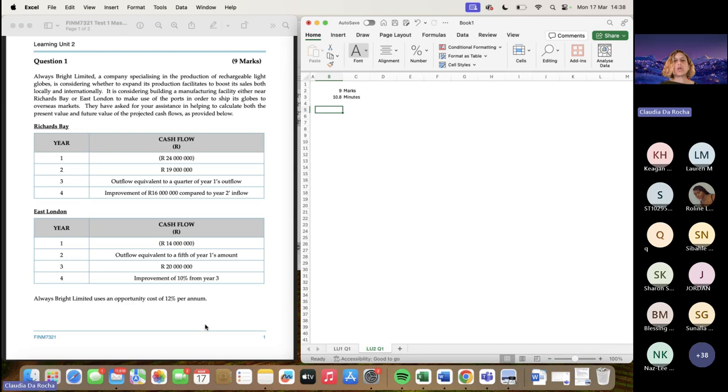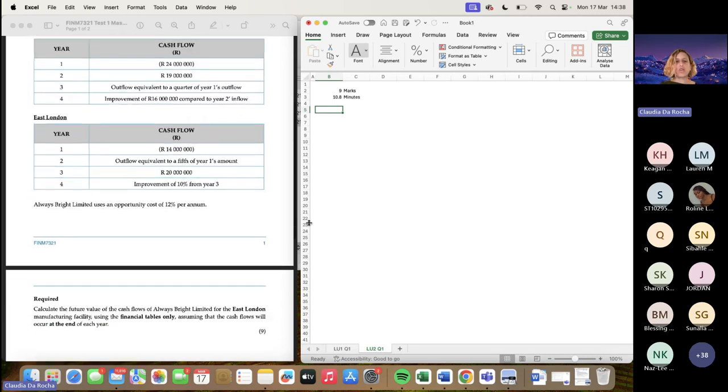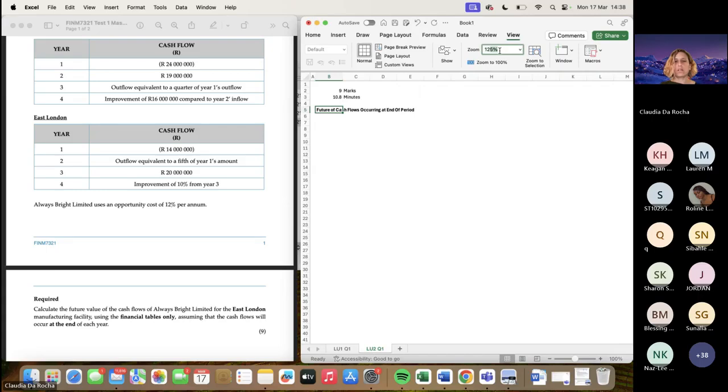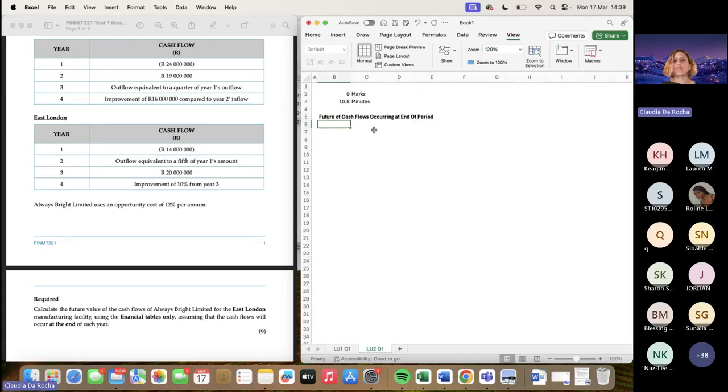Remember, we are doing the future value of cash flows occurring at end of period. It's very important that we remember that. Okay, so the first thing that you would do is you'd need to draw your table.